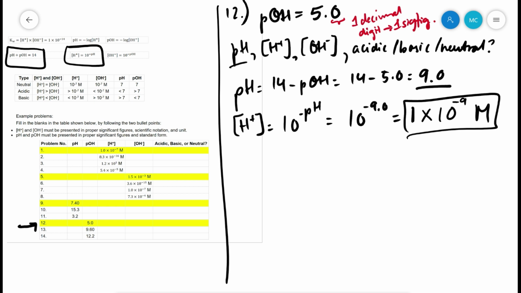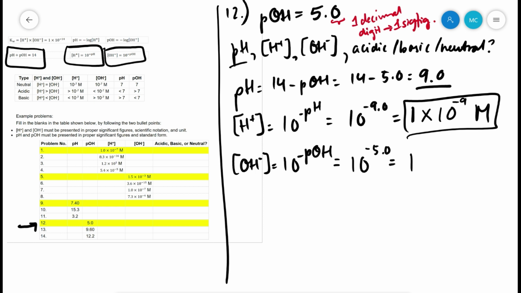So for the OH, there are 2 methods. Either you use OH negative equals 10 to the power of negative pOH, or use the ion product constant, right? So here you will get 10 to the power of negative 5.0. You should get 1 times 10 to the negative 5 molar. This will be your answer.